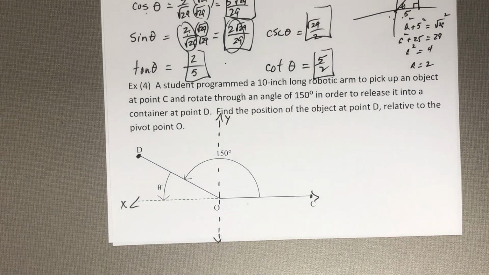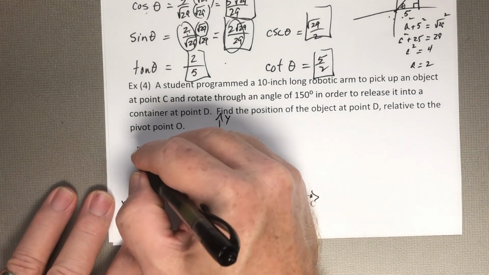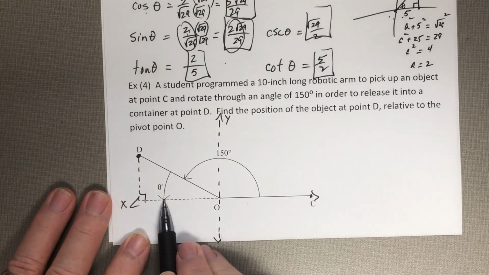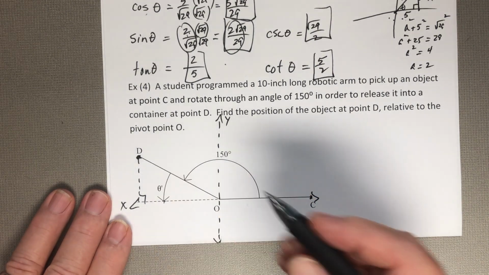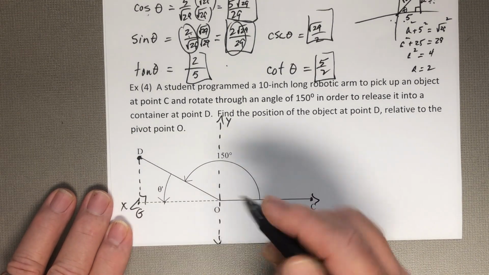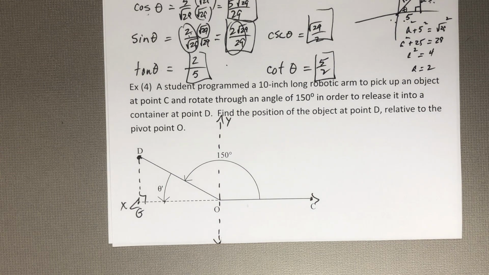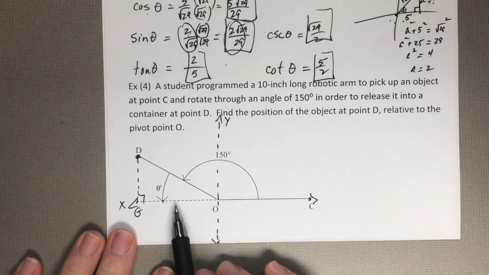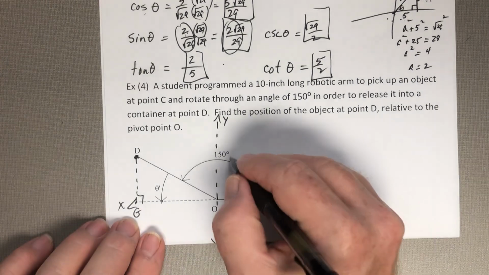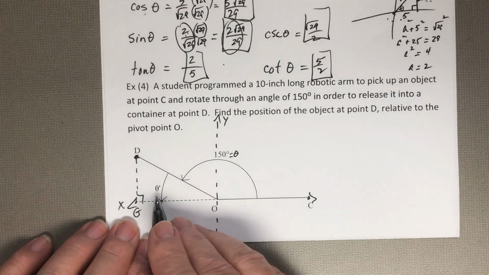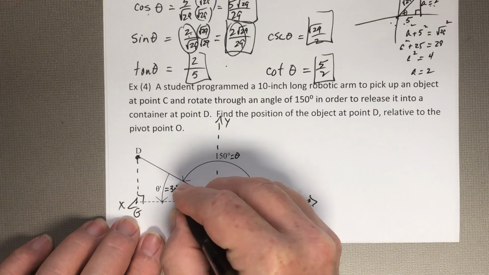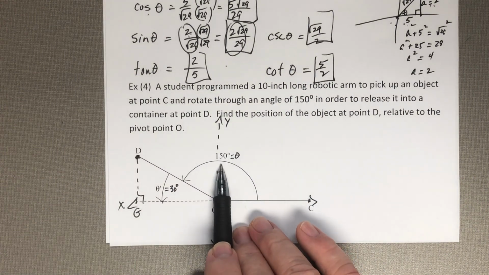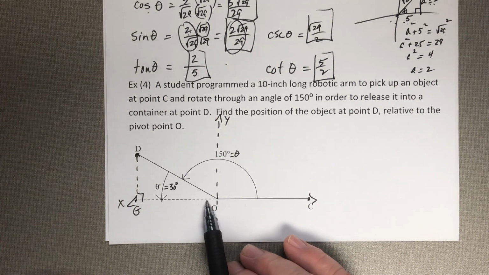What I'm going to do is drop a perpendicular to the x-axis to create that triangle DGO, which will give you that theta prime, your reference angle. That would be 180 minus theta, so here's theta, and that would give you a 30-degree angle. It's the supplement of 150, by the way. So that's a 30-degree angle.